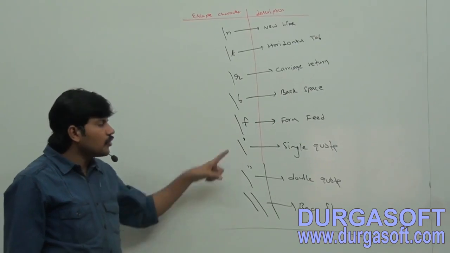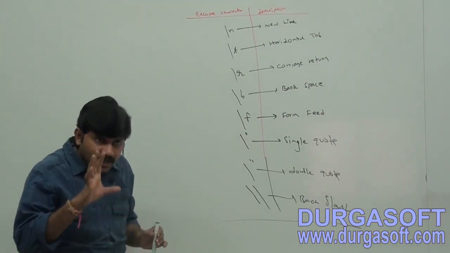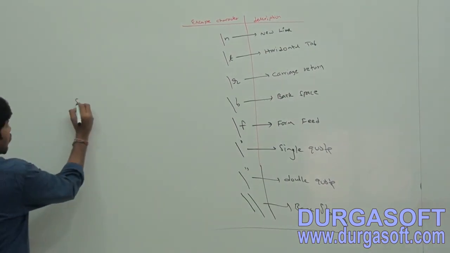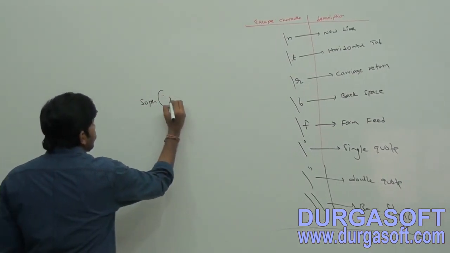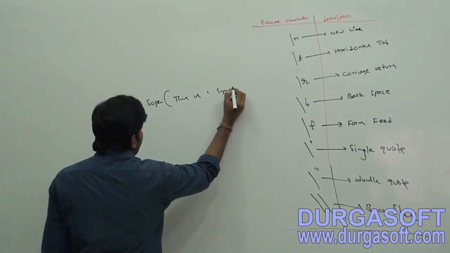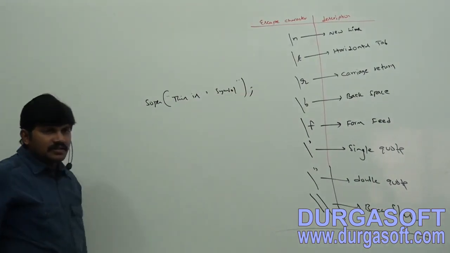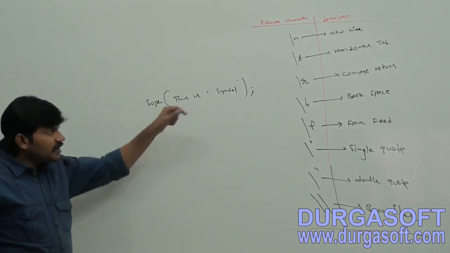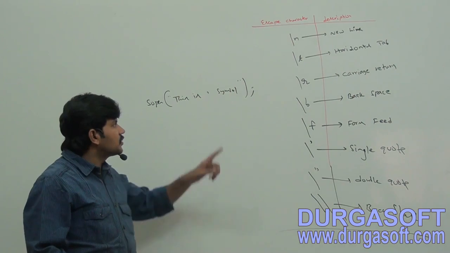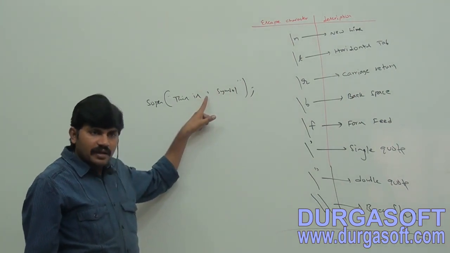Sometimes, do you know, I want to use single quote as a symbol, then we should specify like this. Suppose, sir, I want to print system.out.println, this is a single quote symbol. If I write like this, immediately the compiler will give an error: you are using single quote, unclosed character literal.